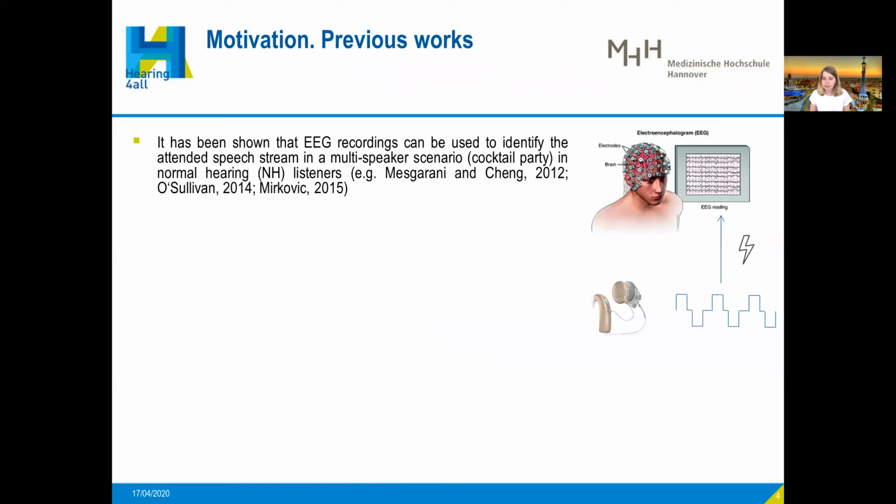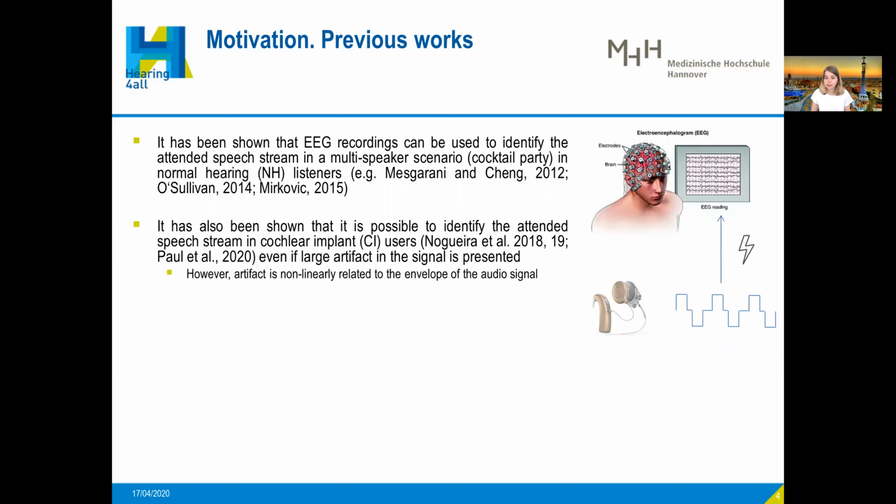A cochlear implant is stimulated by electrical impulses, and this causes an electrical artifact which leaks into EEG recordings. But it also has been shown that it is still possible to identify the attended speech stream in cochlear implant users, even if a large artifact is present. However, the artifact is non-linearly related to the envelope of the audio signal.